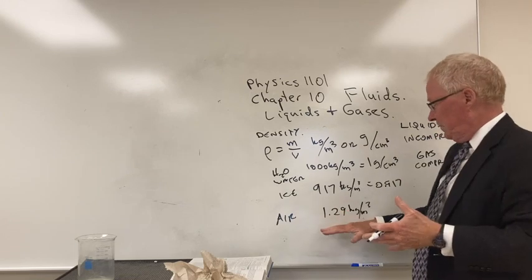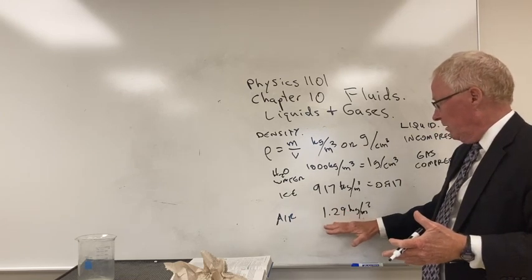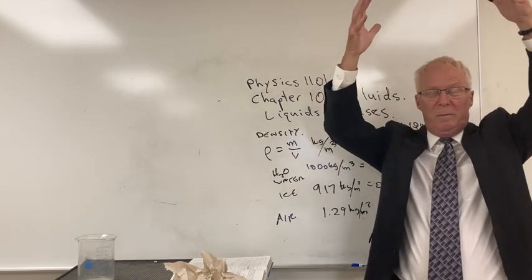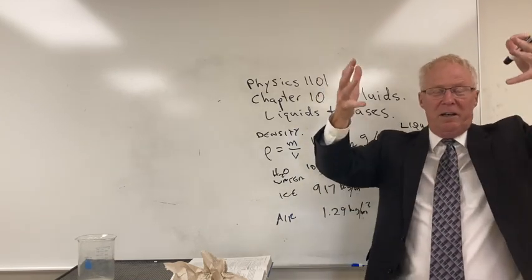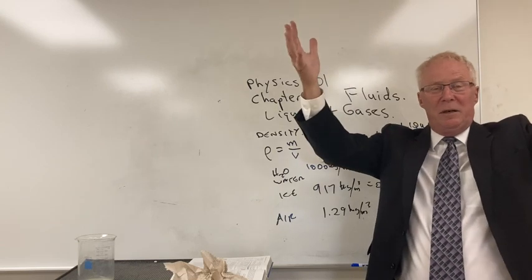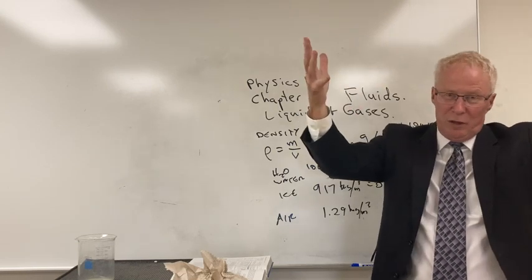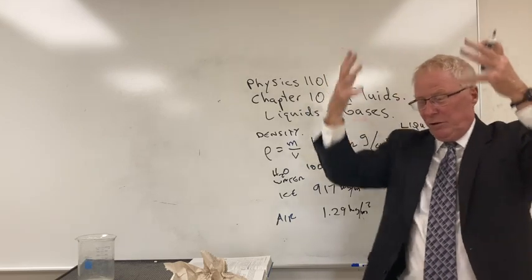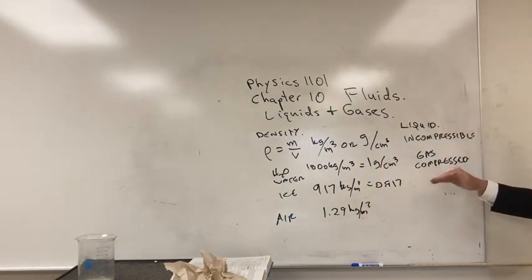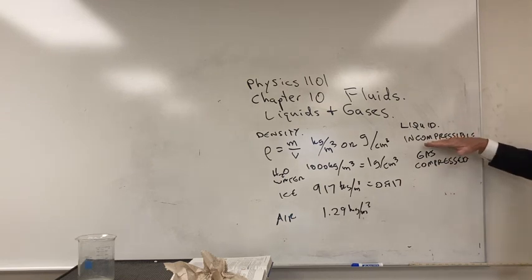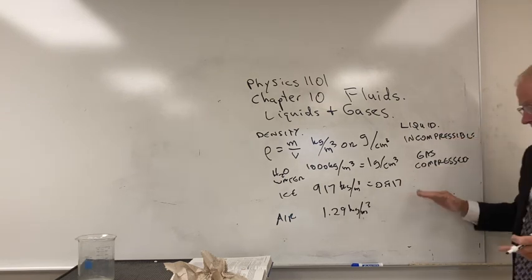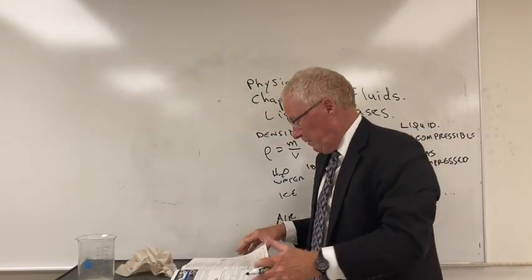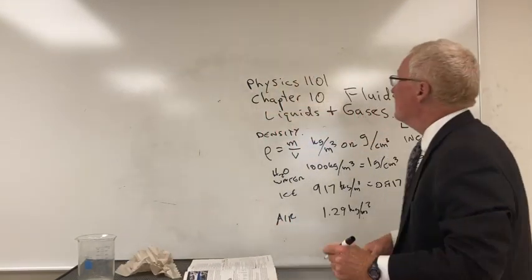So the density of air and the pressure is based on all the weight of the air above it. As we go higher and higher in altitude, air becomes less dense. It actually turns out to be cooler, and the pressure becomes less. And so the pressure increases in depth, but liquids are incompressible. So we'll keep that in mind there. Okay? So that's the first part of chapter 10.